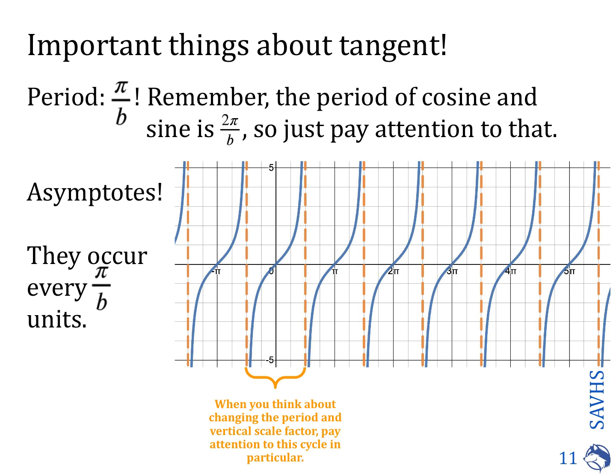Okay, so the period is pi over b, like I said. What's important to look at, and my favorite way of looking at this, is from asymptote to asymptote. If we look at that, we know that the asymptotes occur every pi over b units.